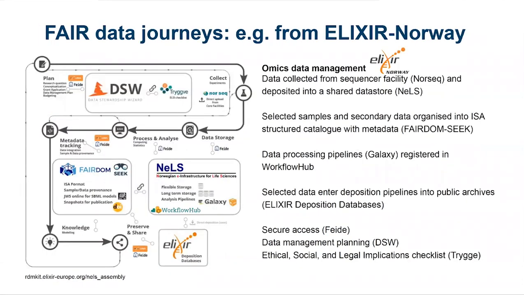An example of a FAIR journey, as I mentioned earlier: each Elixir participant and Elixir node will have a different type of FAIR journey, because within your node, your project, your lab, you will have different data types.